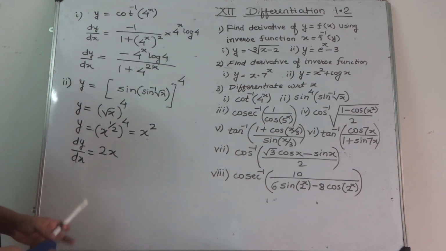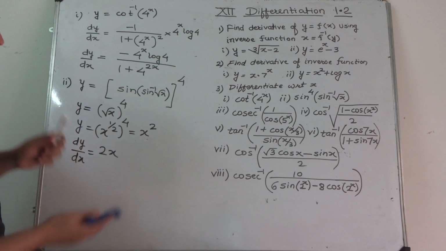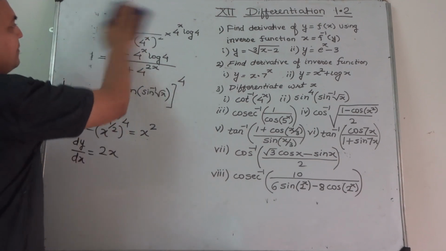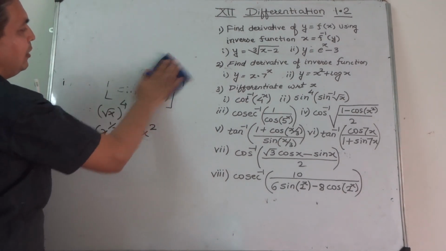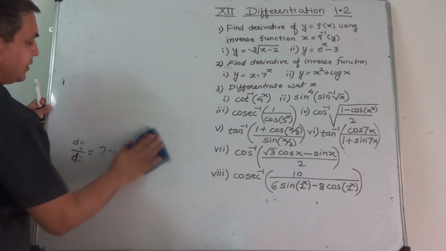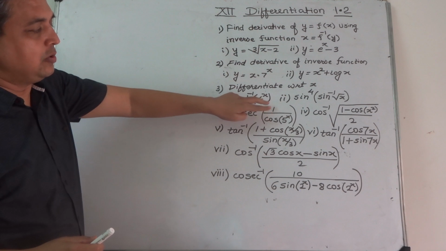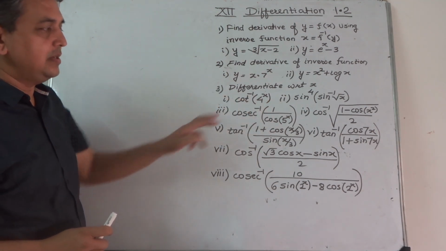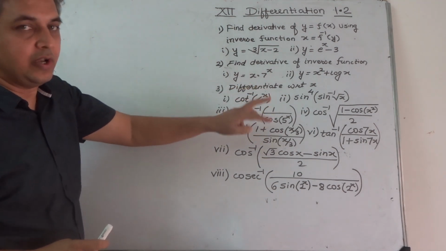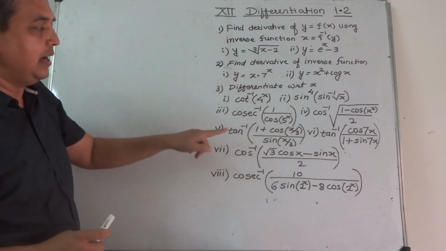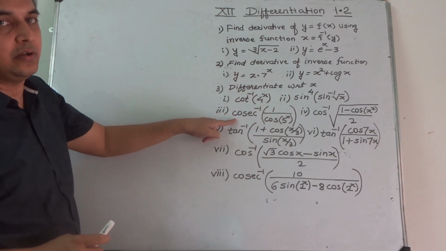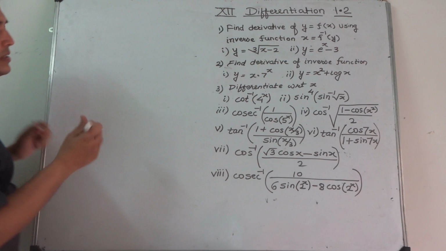Let us go for the third one. In the third question we have cosec inverse. Now formula of inverse function. This is 1 upon cos phi raised to x. We can convert it to cos phi raised to x reciprocal, and we take reciprocal of cosec. Reciprocal of cosec is sine.